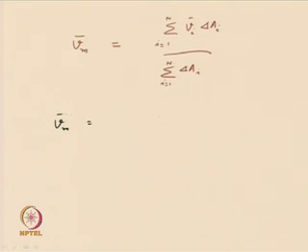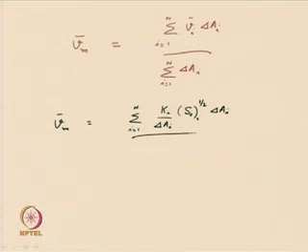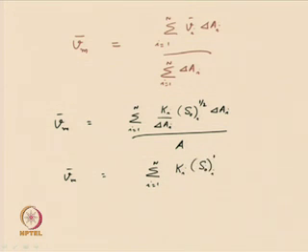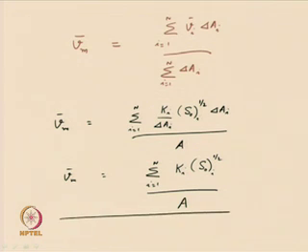So, V m bar is equal to summation of (K I by del A I S naught) to the power of half into del A I, divided by the summation of the individual areas, that will give you the total area A. I is equal to 1 to n K I. So, through this way one can compute the uniform flow velocity for the entire compound channel cross section.